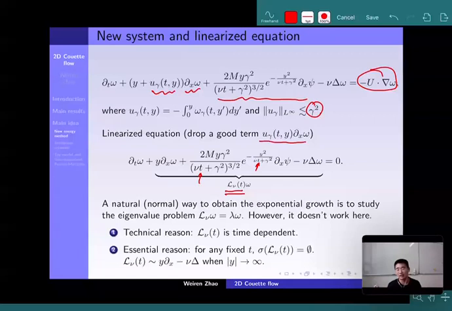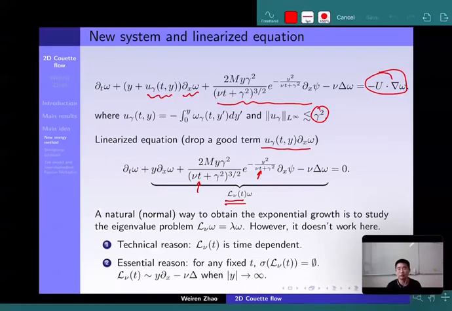For example, if C is an eigenvalue of this operator and you prove that the real part of C is positive, then you can find this exponential growth. However, one disadvantage here is that this operator is time dependent, so it is very unlikely you can use this eigenvalue argument to solve this instability problem. The second thing is that actually this operator has no spectrum, so you cannot find any growing mode for this problem. Even the spectrum, you cannot find it.